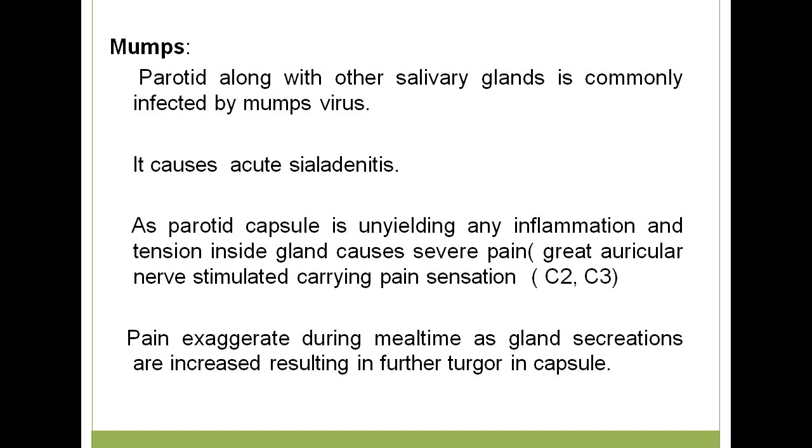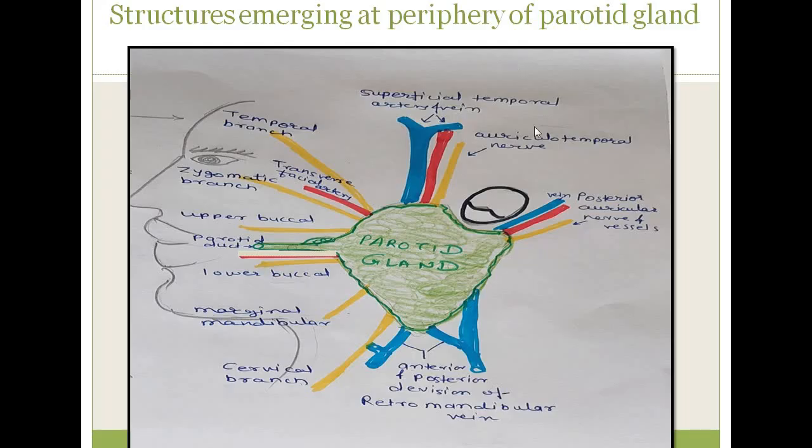Pain exaggerates during mealtime as the gland secretions are increased inside this gland, resulting in further turgor in the capsule. The pain, however, will be reduced after the meal is finished. So the exquisite pain during eating is because of the unyielding nature of the parotid capsule in case of diseases of the parotid gland like mumps.